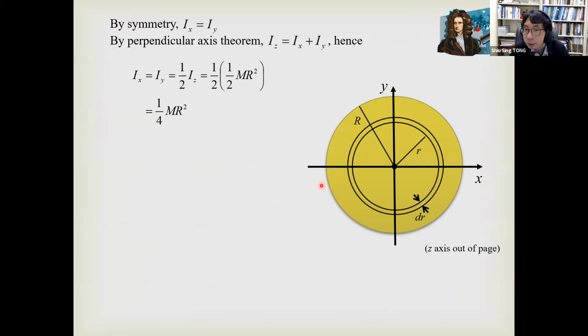In this case, because of symmetry, Ix and Iy are equal. By the perpendicular axis theorem, Iz is equal to Ix plus Iy. So Ix and Iy are both equal to half of Iz, and that is half of half mR squared. And so eventually I get 1/4 of mR squared. Okay, so that's the answer.